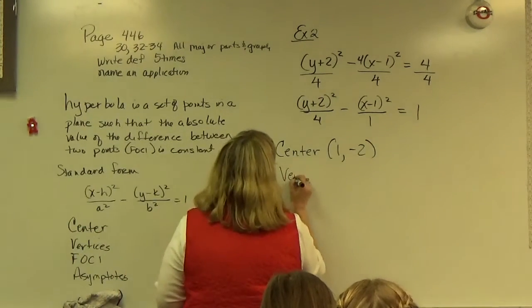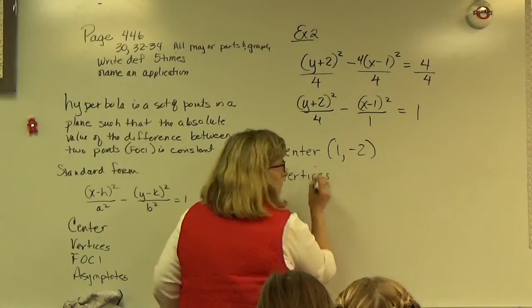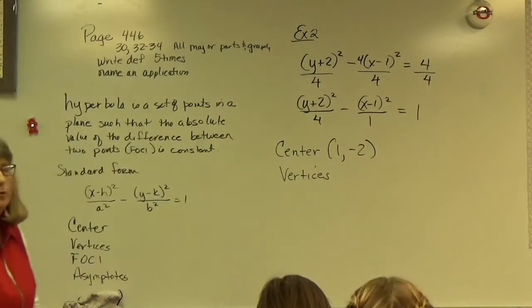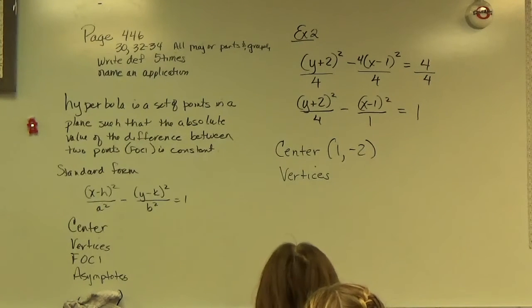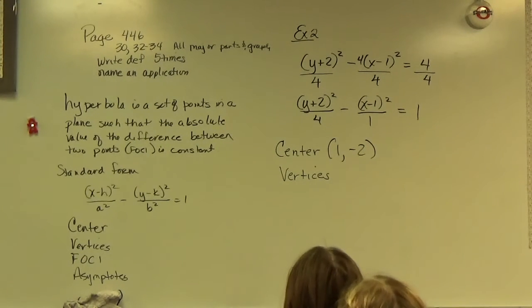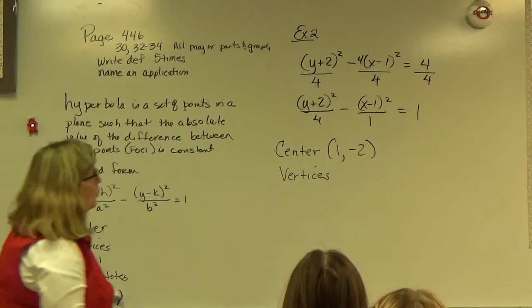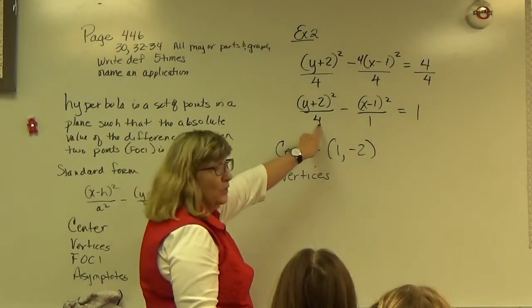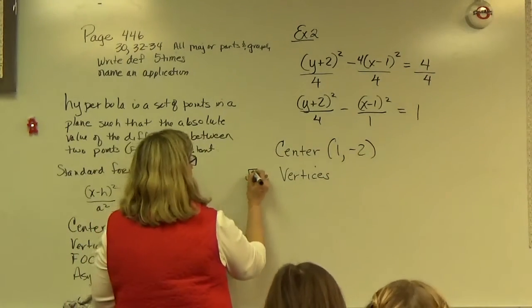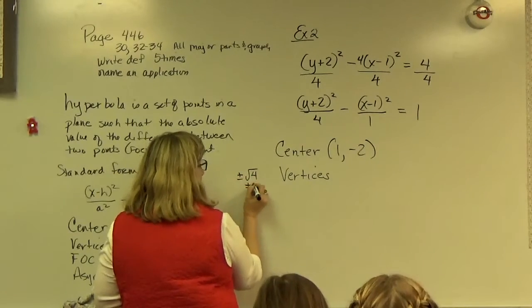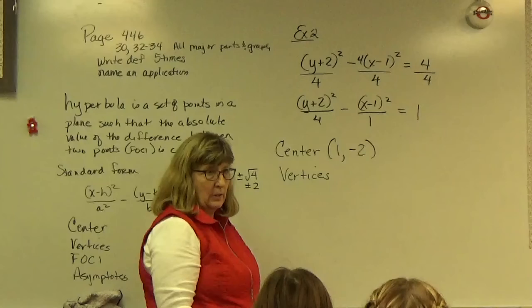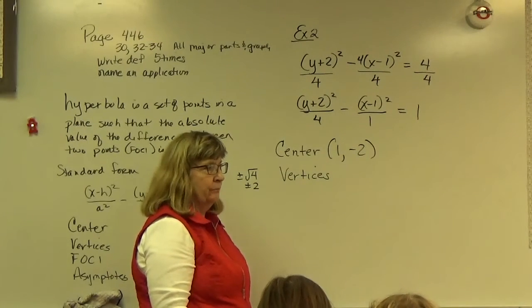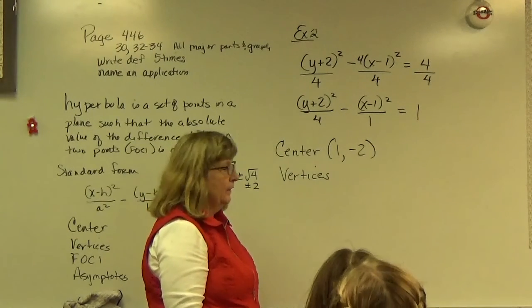Now, vertices. Here's where we got to start thinking. Which variable came first? Y. That's the one that's changing. The Y is going to change in the vertices and in the foci. So the Y came first, so you take, what's the square root of 4? 2. Plus or minus. So plus or minus 2 is going to be added to the Y value. Okay, what's the Y value? Negative 2.